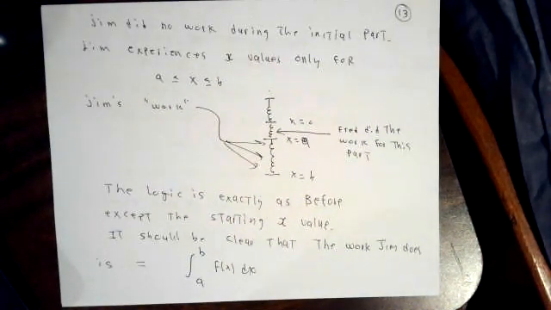If you go back through the logic of what we said before, it's exactly the same, except the starting x value is a instead of being 0. And that leads to the conclusion that the work that Jim did is the integral from a to b of force of x dx. And once again, this is generic for many types of problems, not just the spring problem.